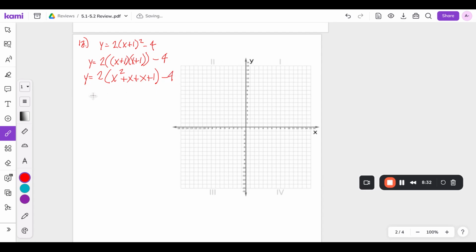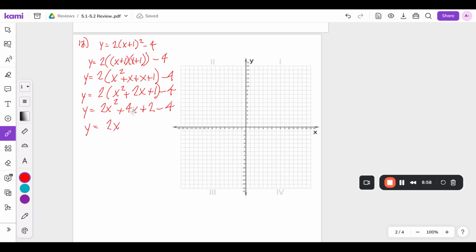PEMDAS, we got to do parentheses. I'm going to actually simplify inside the grouping first. This is x squared plus 2x plus 1. Can't do anything with the 4 yet because you have to distribute the 2. y equals 2x squared plus 4x plus 2 minus 4. Now I can combine those.